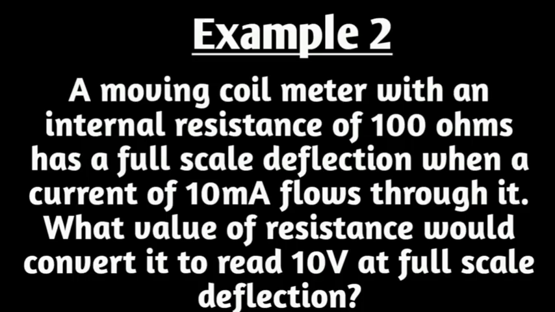Let's take this example. A moving coil meter with an internal resistance of 100 ohms has a full scale deflection when a current of 10 milliamperes flows through it. What value of resistance would convert it to read 10 volts at full scale deflection?